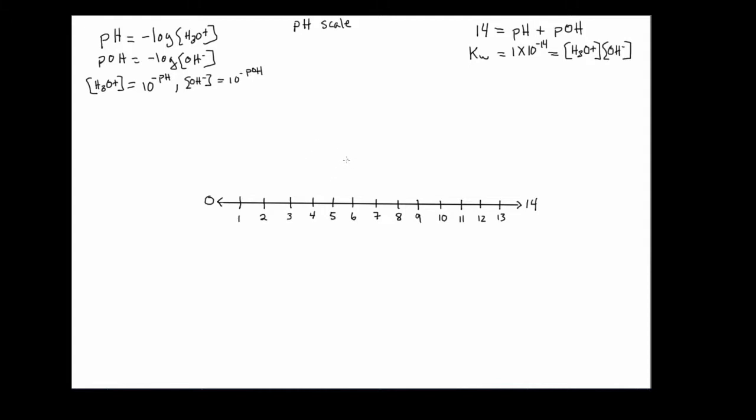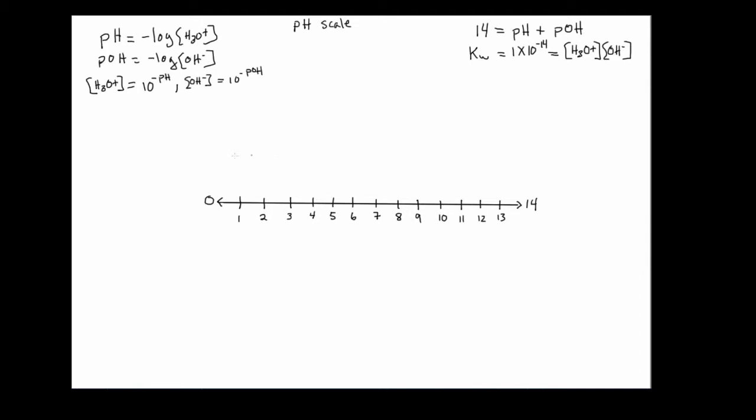The vast majority of experiments and manipulations that happen in a laboratory setting happen between 0 and 14 on the pH scale. Most everything that happens in the biological world, even in your swimming pool or in your hot tub, is going to be centered on this scale around pH 7.